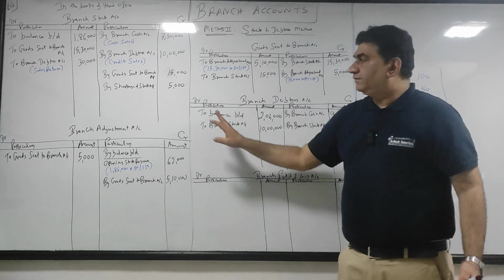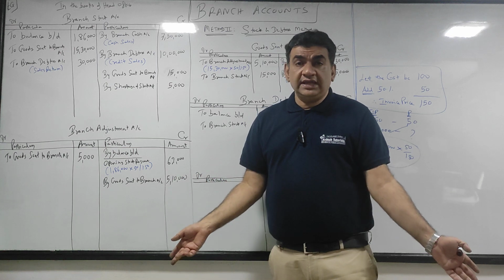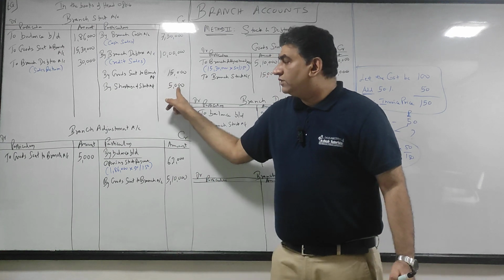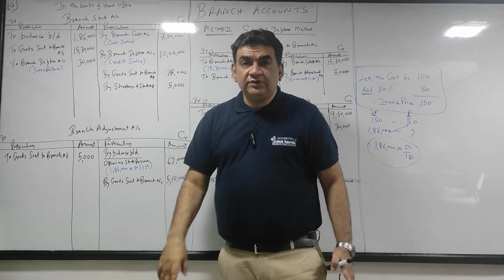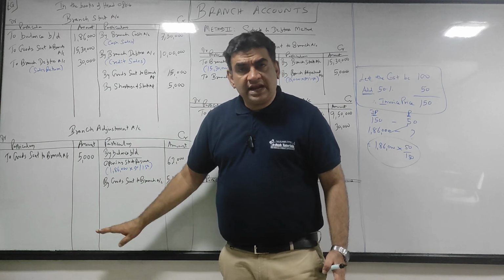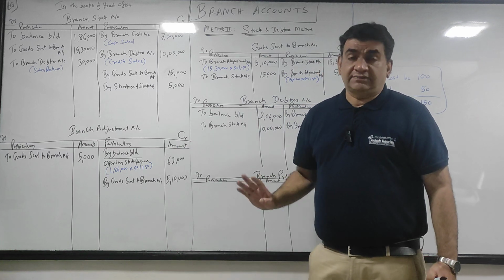Second, shortage है, पूरा का पूरा loss, there is no question of earning anything, so full 5000 you can debit to branch adjustment. Why? The reason is because end में branch adjustment का balance P&L में ही जाएगा. कैसे? We will see in some time.